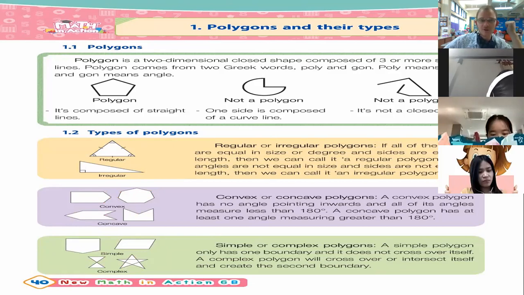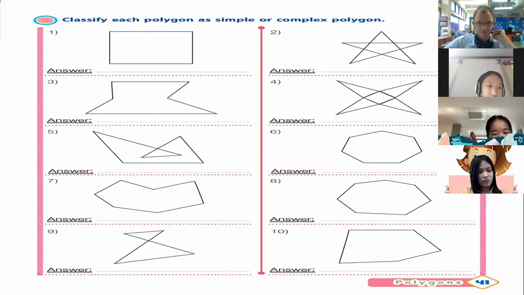Okay. So those are 6 different types of polygons. Over here, we're going to do some questions. I want you guys to tell me, are these following 10 polygons simple polygons or are they complex polygons? Number one, you can tell me.